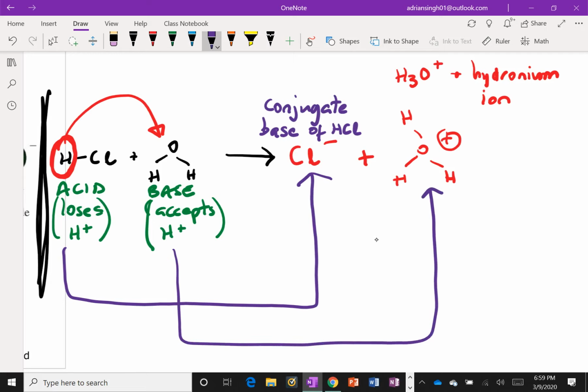So what do you think we will call the H3O plus? So let's backtrack. HCl is the acid. Whatever it became, we call a conjugate base. So if H2O is a base, whatever it becomes, we should call the conjugate acid of H2O.